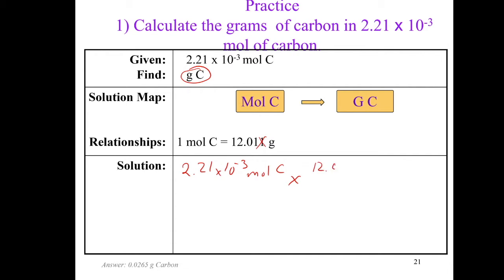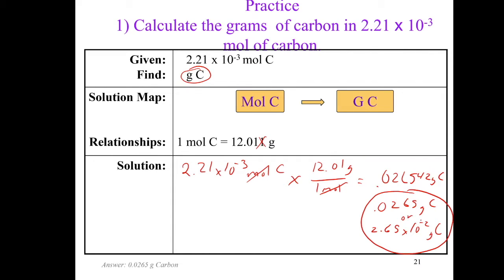And then there's 12.01 grams for every 1 mole. And we're dealing with carbon. Take out our calculator, plug them together, we get 0.0265542 grams of carbon. Do sig figs, and we end up with 0.0265 grams of C, or you could have 2.65 times 10 to the negative 2 grams of C. Either one of those answers would be fine.